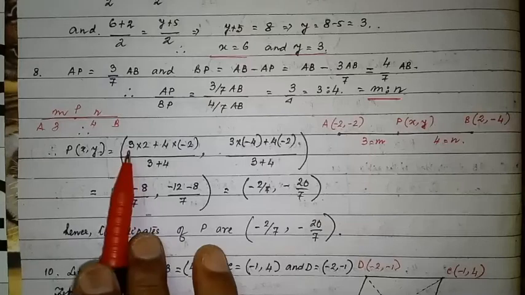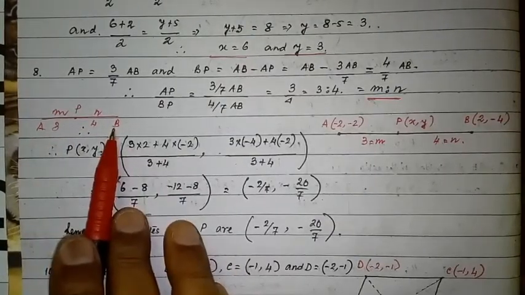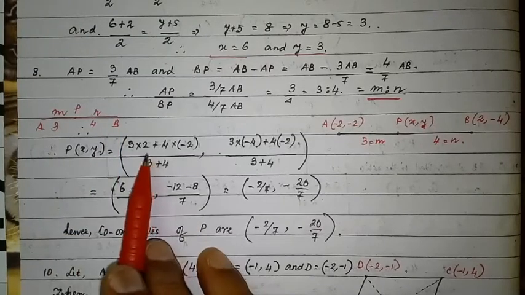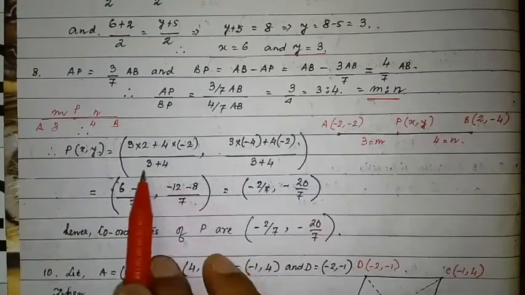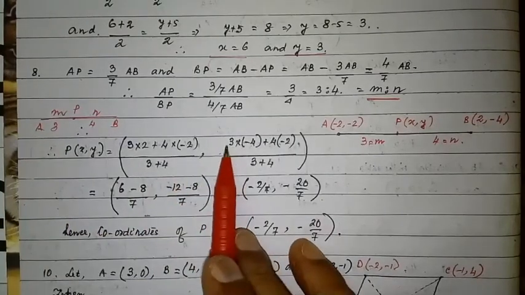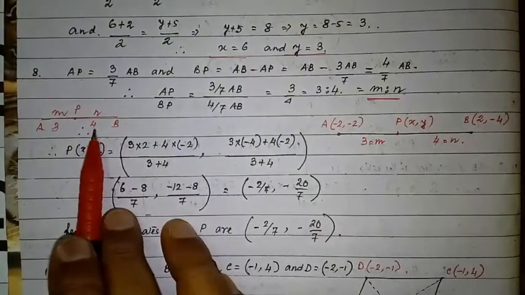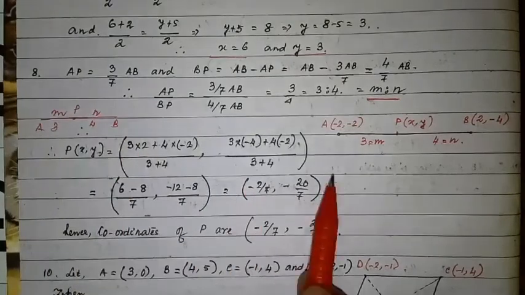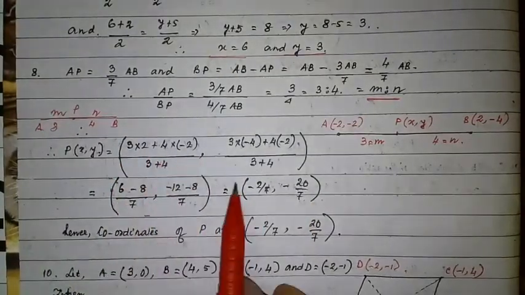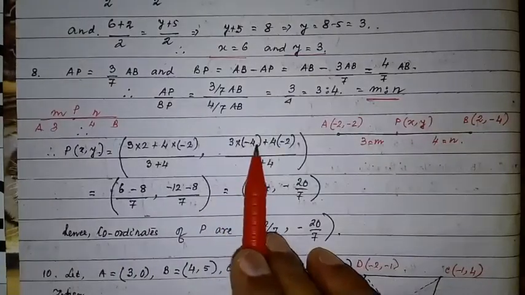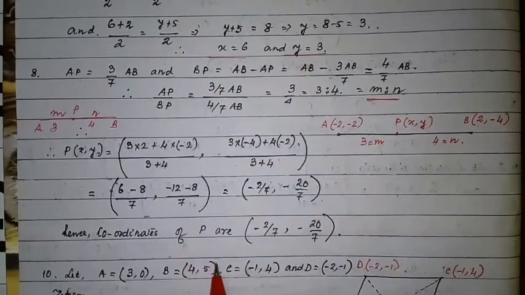Now let us apply the section formula. P(x, y) is equal to (m x2 + n x1)/(m + n), x2 means B, that is 2, and x1 is A, that is -2: (3 into 2 + 4 into -2)/(3 + 4), and (3 into -4 + 4 into -2)/(3 + 4). 3 2s are 6, minus 8, by 7, and 4 3s are 12, so minus 12 minus 8, by 7.